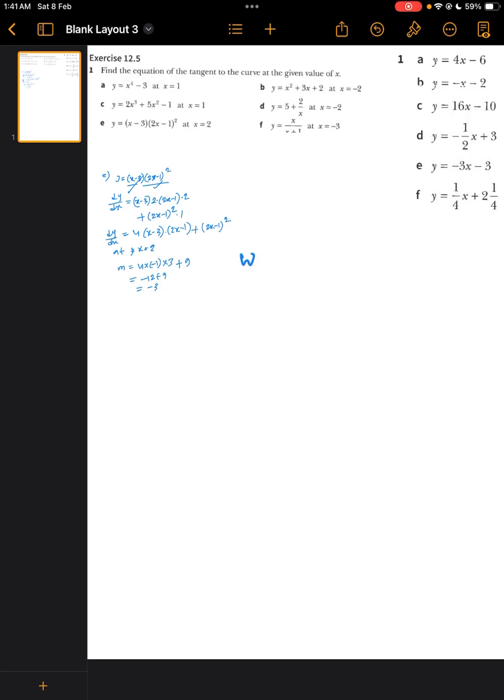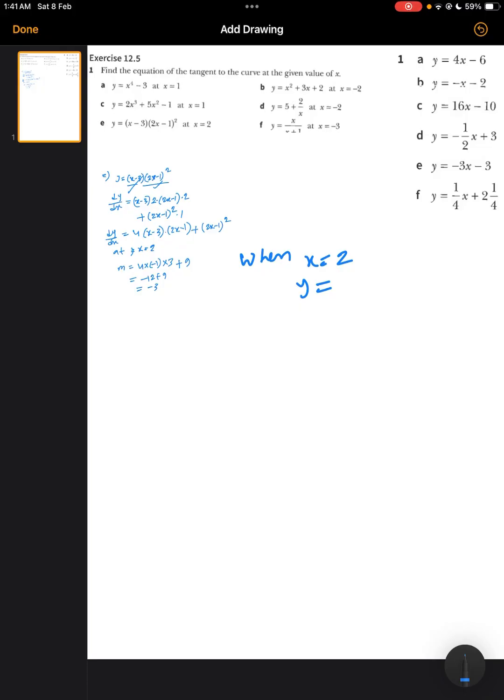Now when x is equal to 2, y should be minus 1 times 9, minus 9. So x1 comma y1 would be 2 comma minus 9, and our gradient m is minus 3.